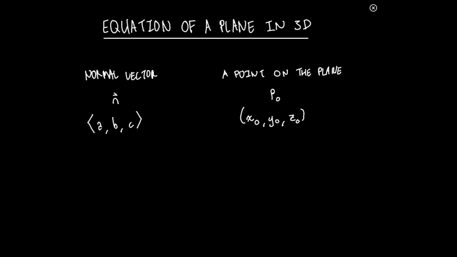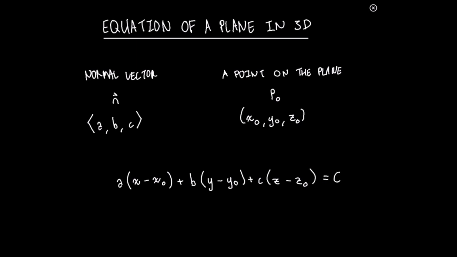All right, so now let's get into using this to write the equation for the plane. So the equation for the plane comes out to the first component of the vector, A, multiplied by x minus x naught, and you'll see a bit of a pattern here, plus the second component of the vector, B, multiplied by y minus y naught, and you can guess what the last one is going to be, and that is the third component of the vector, C, multiplied by z minus z naught.